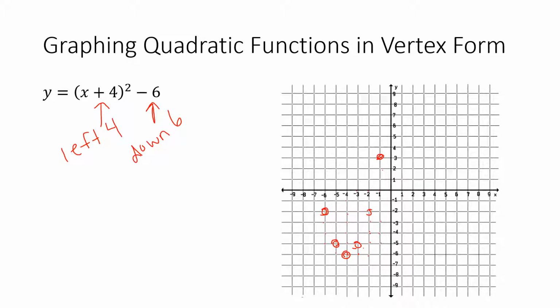Back to your vertex. We're going to go over 3. 1, 2, 3. And then up 9. 1, 2, 3, 4, 5, 6, 7, 8, 9, because 3 squared is 9. All right, there's your parabola.